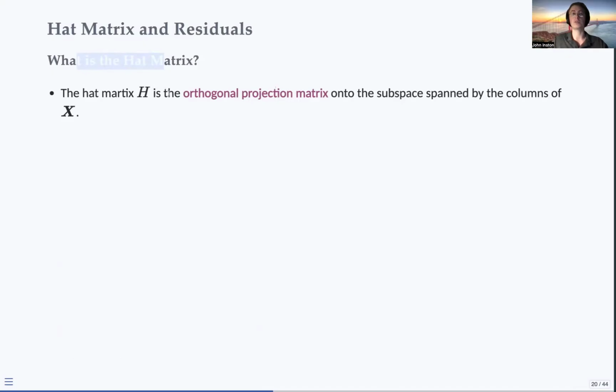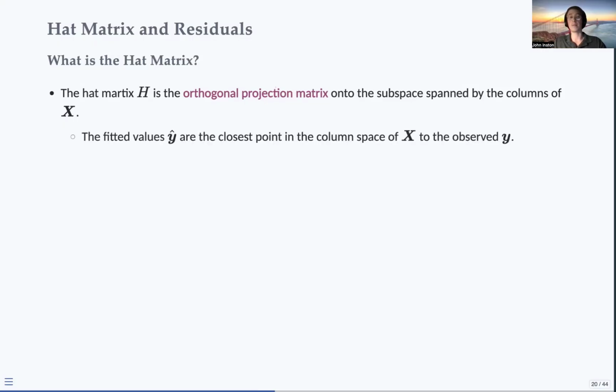Just to quickly describe what the hat matrix is in the most general way, without going into the details, it is essentially something called the orthogonal projection matrix onto the subspace spanned by the columns of X. So visually thinking about things, each of the columns of the data X is essentially a dimension in this space, and the point of this hat matrix is it describes the fitted values of Y as the closest point in this column space of X to the observed Y. So it's essentially this linear mapping moving from Y to Y hat.